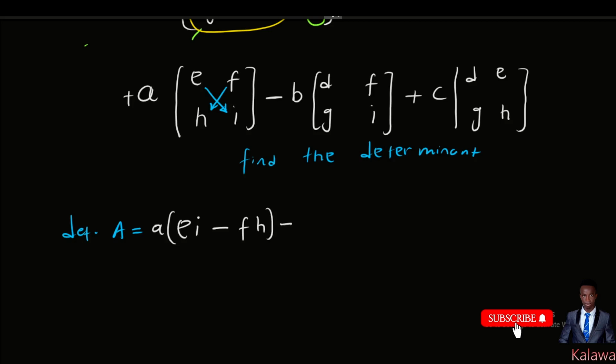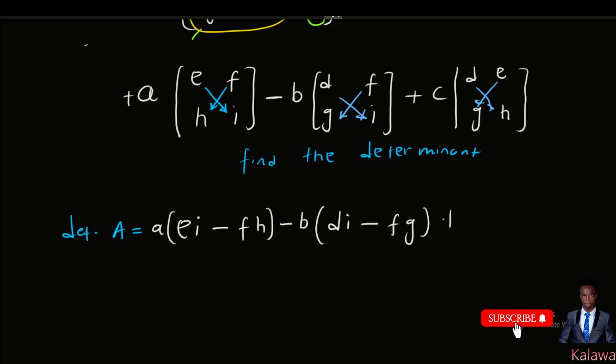And then we move on to B, minus B. Again, we take the corresponding elements, multiply them and subtract. For the B element, the determinant here is going to be DI minus FG.